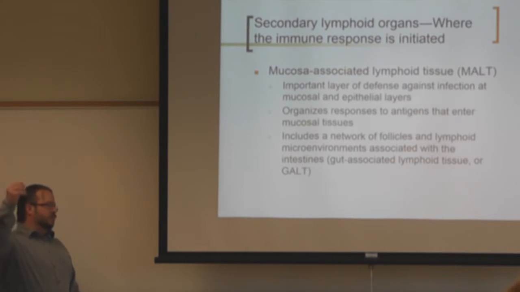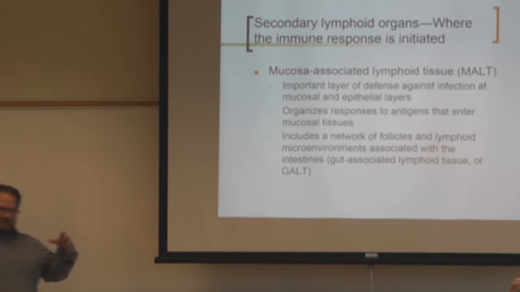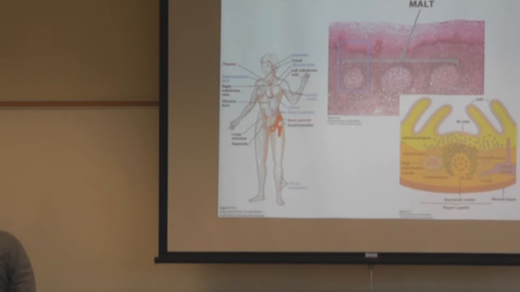And it's really great because when things come into the gut, they're usually going to get killed in that really highly acidic environment, and then it's a great way to deliver antigens to immune cells. So these mucous membranes are lined with lots and lots of lymphocytes. And anybody who's taken anatomy and physiology has learned about Peyer's patches, which are these special localized areas with lots of lymphocytes, B cells, and T cells.